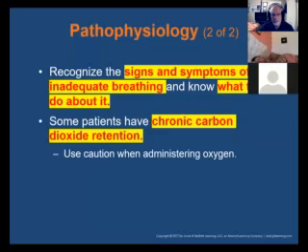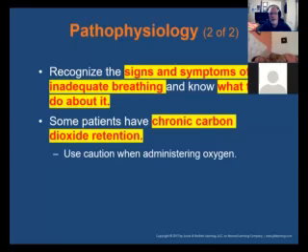Okay, but a big part of what we do here and what you will do as a firefighter is to manage medical patients, trauma patients. So we have to know the signs and symptoms of inadequate breathing. Then we have to know how to treat it.